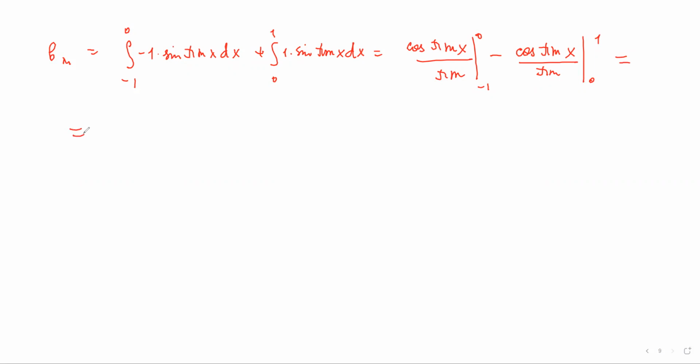Okay, so 0 here is going to give me 1 over pi m. Or maybe I should keep 1 over pi m separately. 0 is going to give me 1. -1 is going to give me cosine of minus pi m. And we know that for even m, it's going to be equal to 1. For odd m, it's going to be equal to -1.